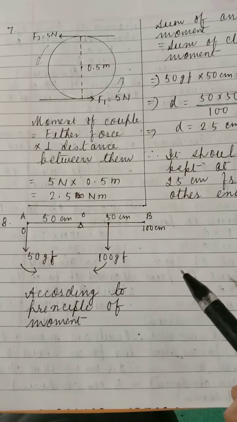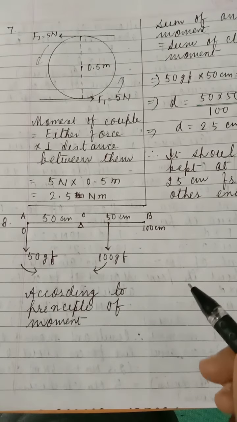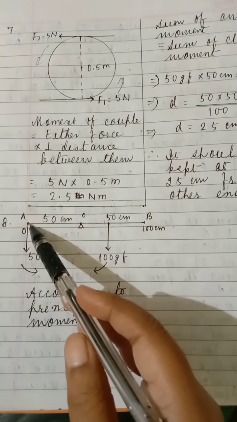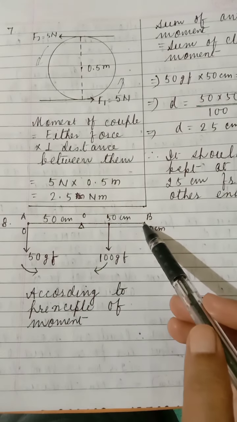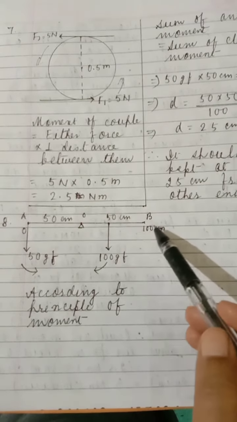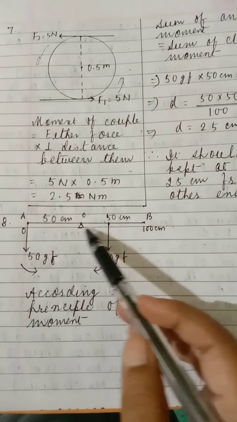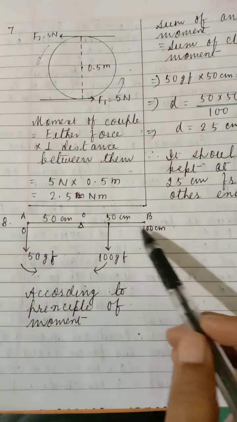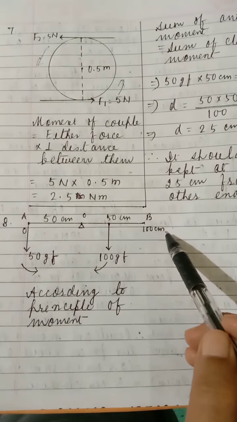Now question number 8. A uniform meter rule. A meter rule means a ruler whose length is 1 meter, so we can write it as 100 centimeter. This is the 0 centimeter mark and this is the 100 centimeter mark.